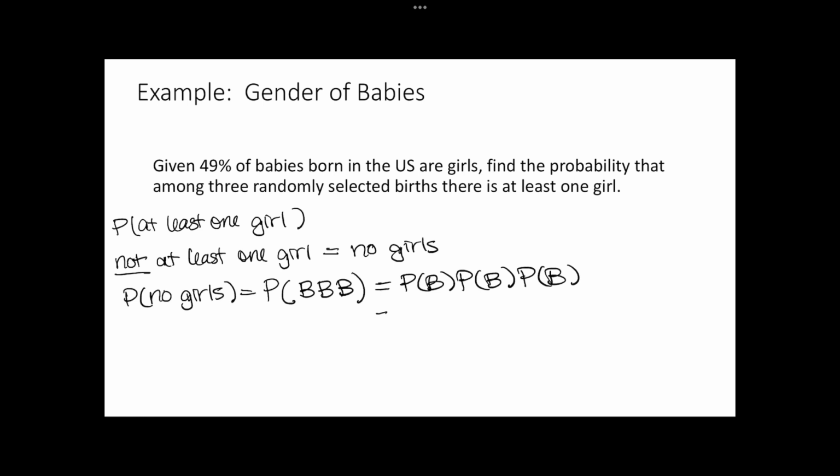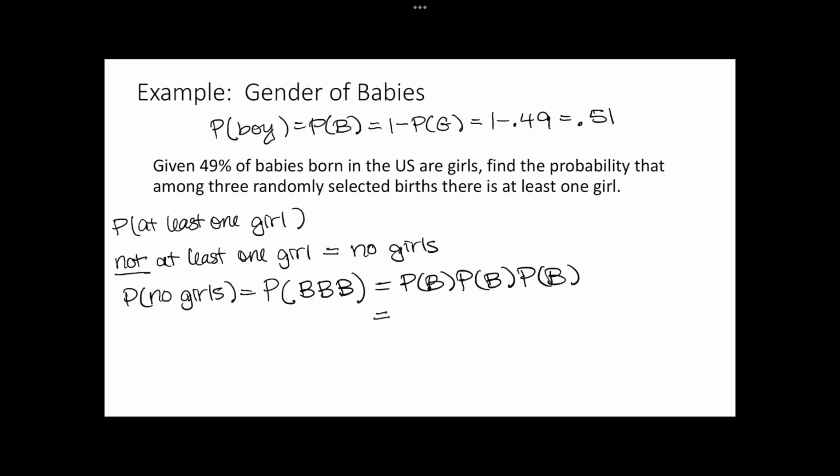What is the probability of getting a boy? Well, the probability of getting a boy is 1 minus the probability of getting a girl, since it's the complement of choosing a girl. So 1 minus 0.49 or 0.51.